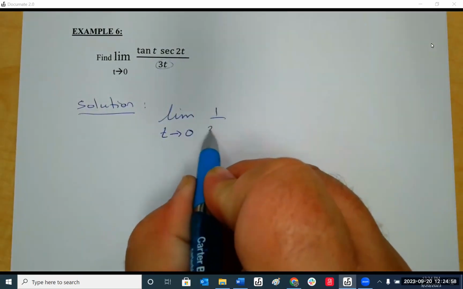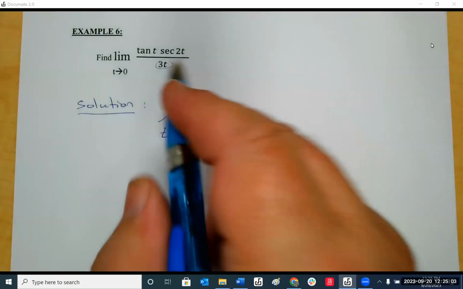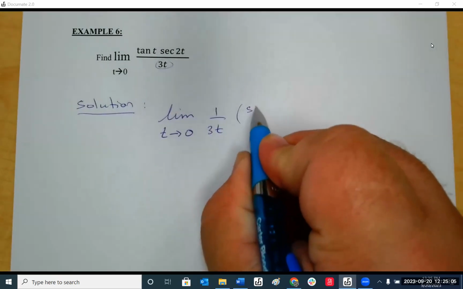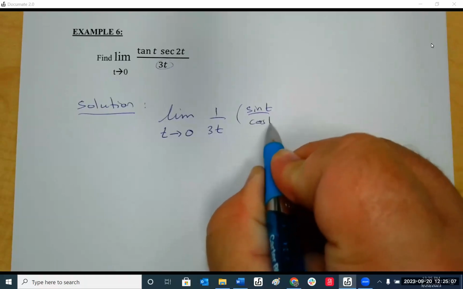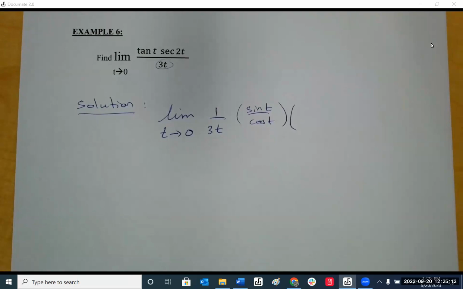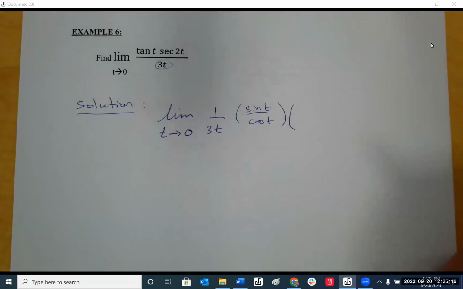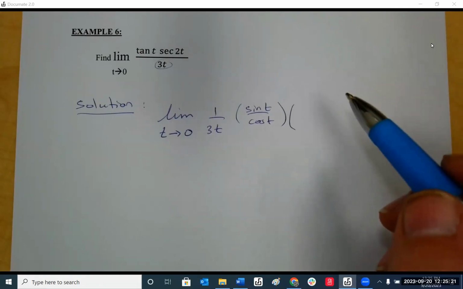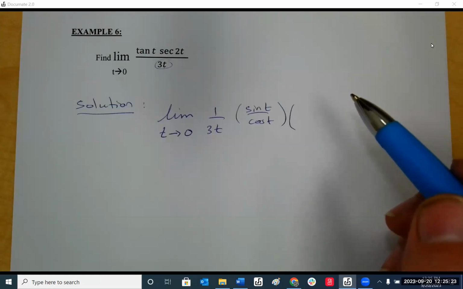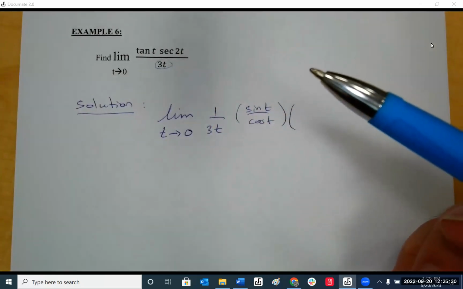Put this out in here. And then we have tangent is what? Sine over cosine. And secant is, well, secant double angle, 1 over cosine 2t, isn't it?